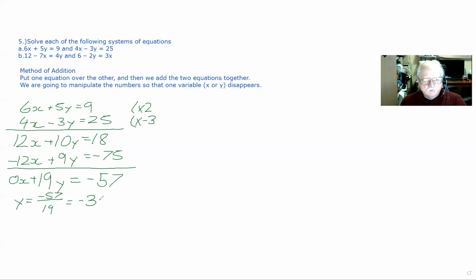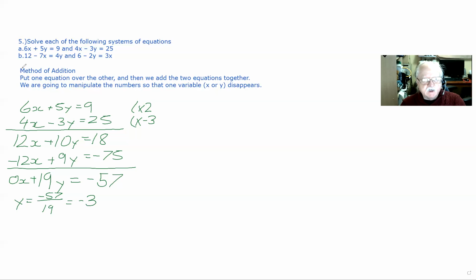So once we think we know this negative 3, we're really happy it turns out to be a whole number, not that it has to be, but almost all of these equations they give us in the textbook, and I give you for exercises, will always work out to be whole numbers. It just makes life a little easier.